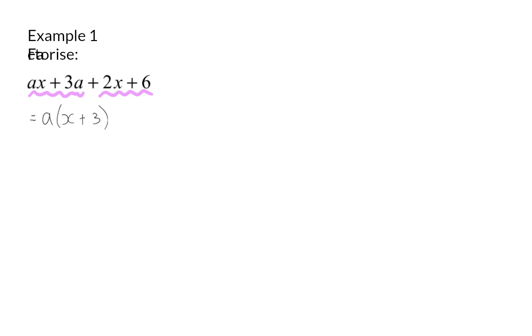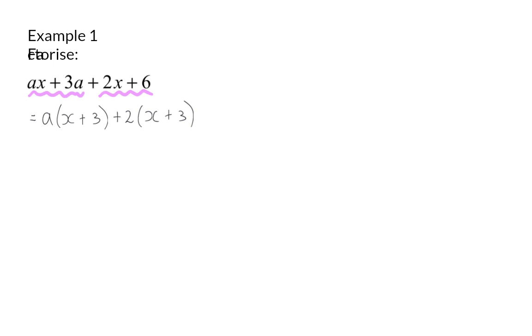Similarly, if you focus on the second group, you will see that these terms have 2 as a common factor. These 2 groups form 2 new terms, and that is why it is very important that your second common factor that you remove is always accompanied by a sign, and here that will be plus 2. Once the 2 is removed, you will be left with x plus 3.